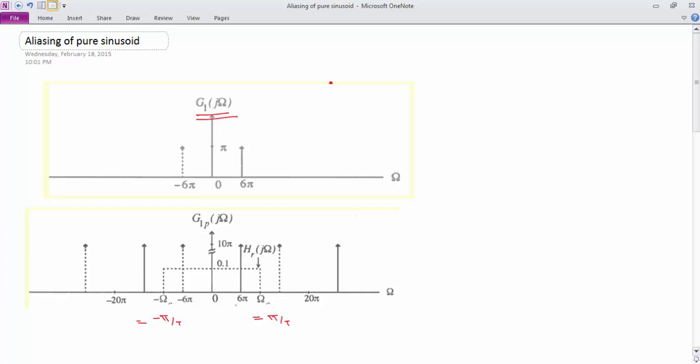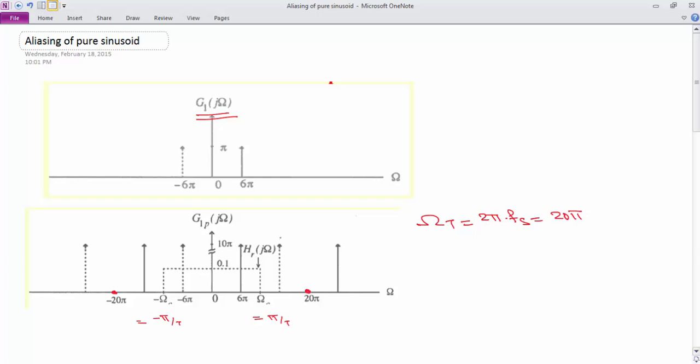You first get a main copy of your Fourier transform around 0. Then your sampling frequency omega_s is 2 pi times f_s, which is 20 pi. Right? So you get another copy around 20 pi and another copy around minus 20 pi.